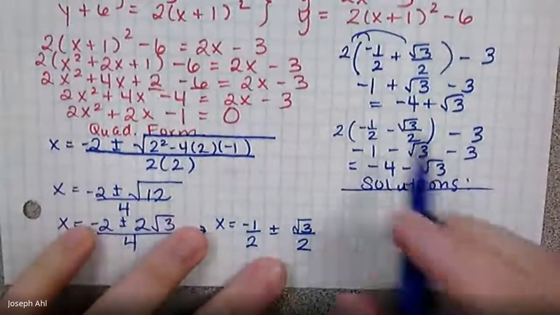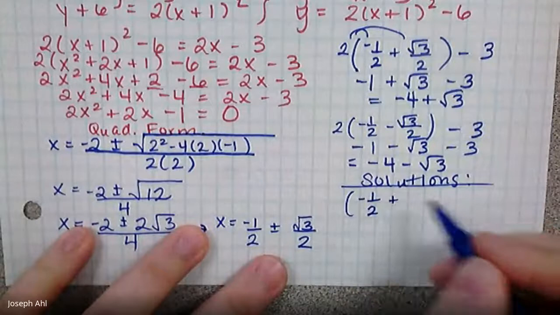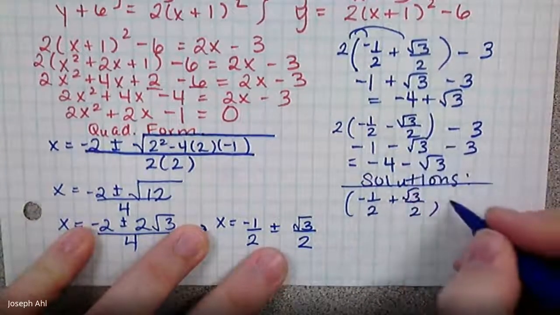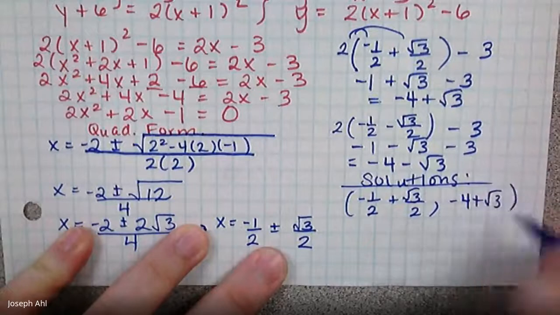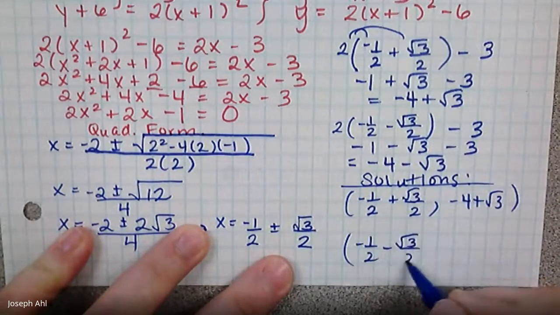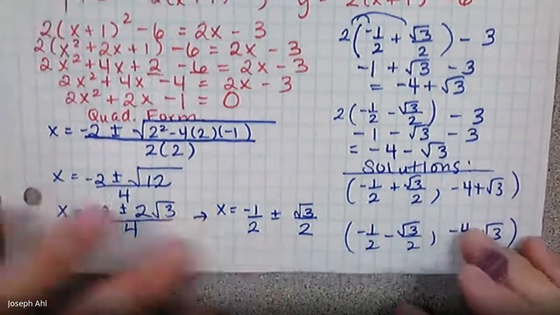It's going to look weird. When I tested -1/2 plus radical 3 over 2 as an x value, the y value was -4 plus radical 3. And the other solution was -1/2 minus radical 3 over 2, comma, -4 minus radical 3.